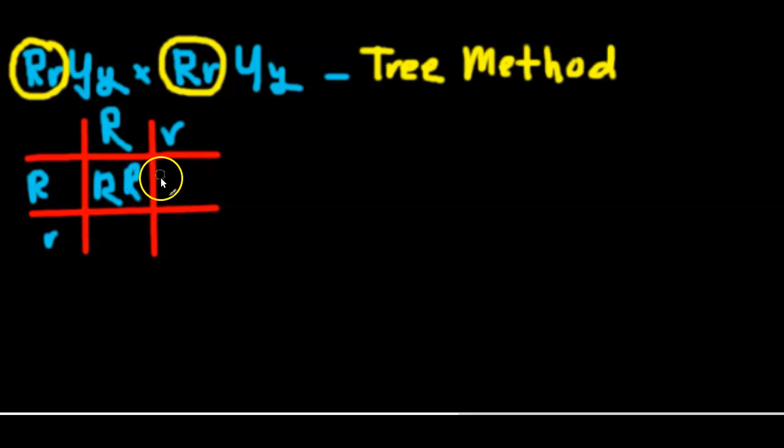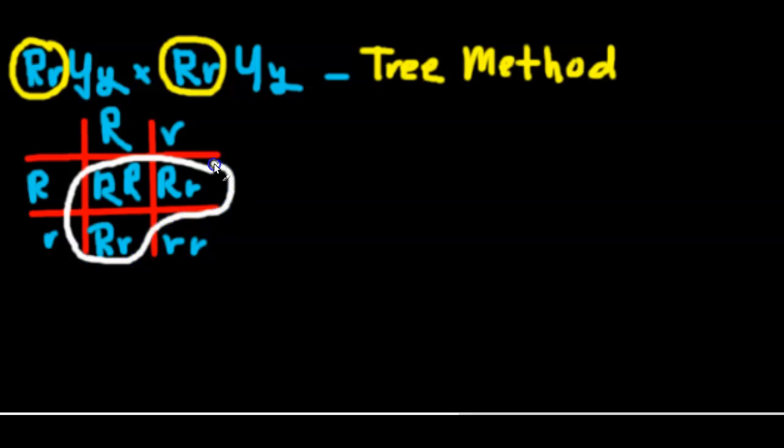For our test, when we do a dihybrid, you only need to know the phenotypic ratios. You will not need to know the genotypic ratios for the test. So we're just going to be doing the phenotypic ratios. So for doing the phenotypic ratios, we know these three have the dominant phenotype, right?